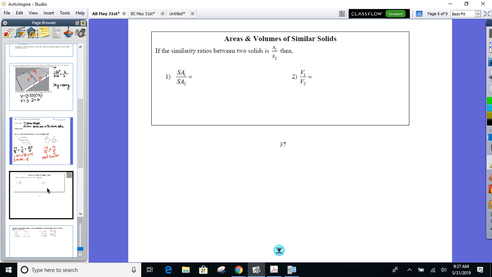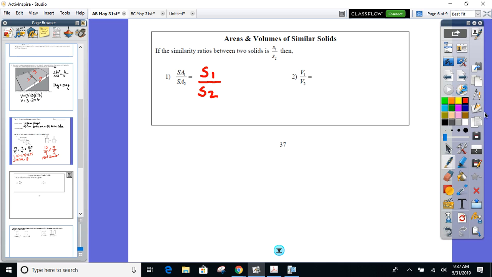All right, here we go. I think you guys could be able to do this on your own here. If you know the similarity ratio, how do I get to the surface area? Surface area. So if I know the similarity ratio, the ratio of two dimensions, surface area. Somebody adjust that proportion for me.